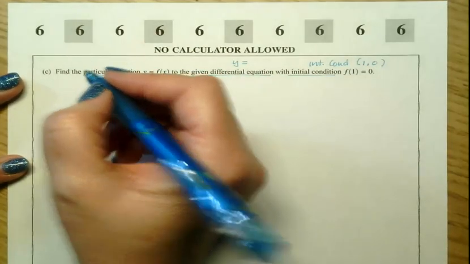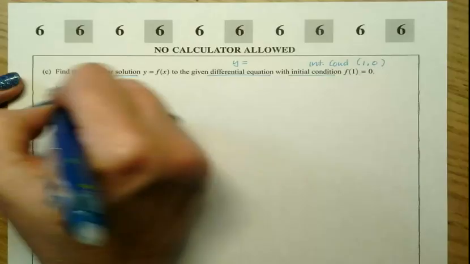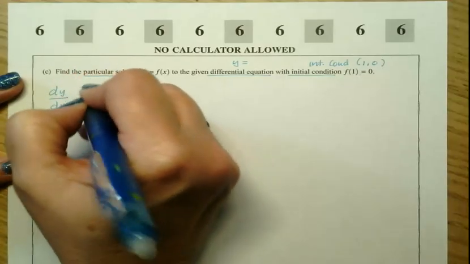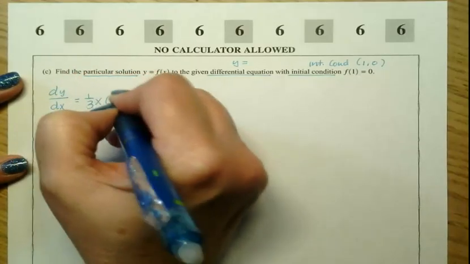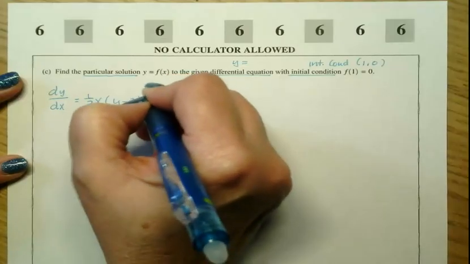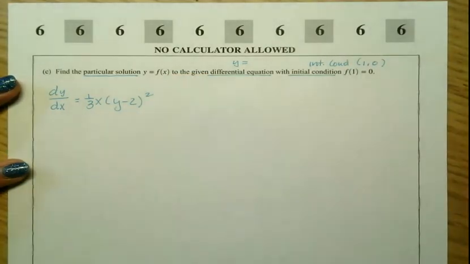All right, so our derivative equation from the beginning was dy over dx equals 1/3 x times (y minus 2) squared. So how do we go about finding a particular solution? Well, we need to first find the general solution, then we need to solve for our c, and then we can find the particular solution with that c in it.